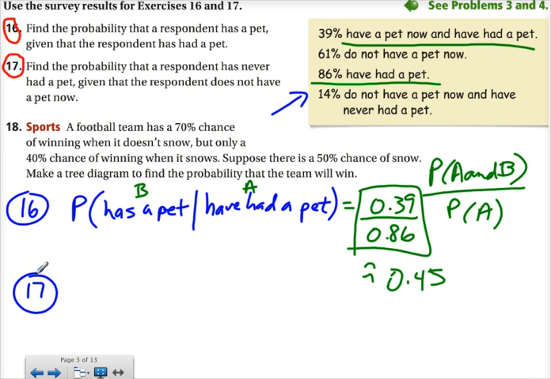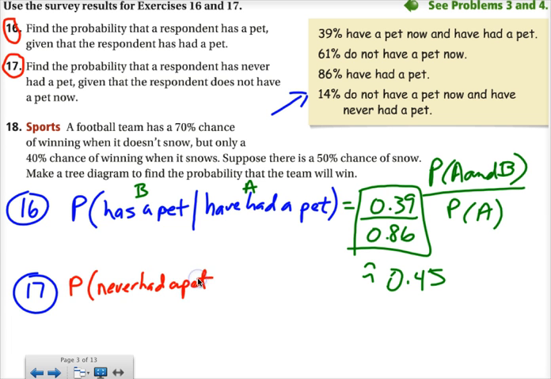Number 17 says, find the probability that a respondent has never had a pet, given that the respondent does not have a pet now. So again, really important sometimes to just write all of this down and then use the formula as you go. So this one is going to be the probability that they never had a pet, given that they don't have a pet now.